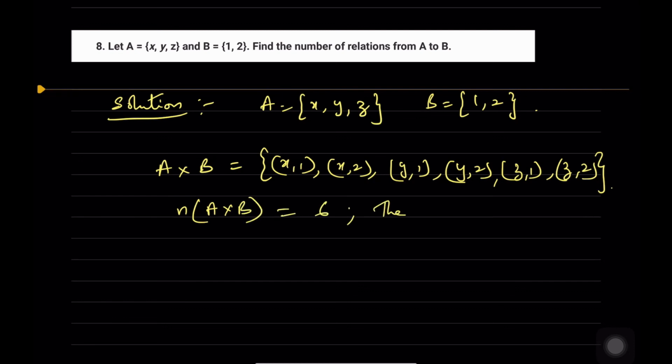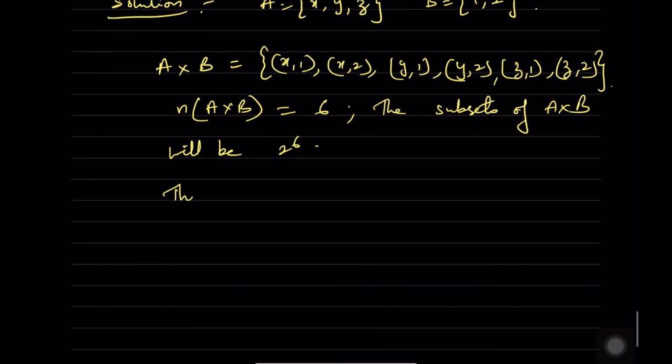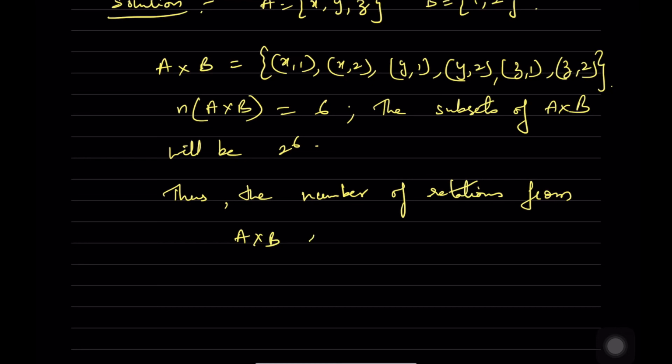Therefore the number of subsets of A cross B will be 2 to the power of 6. Thus the number of relations from A to B is 2 to the power of 6.